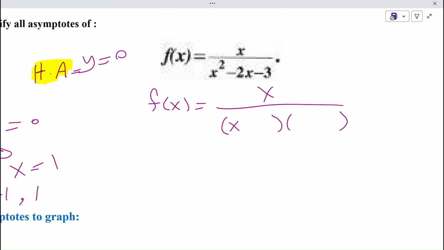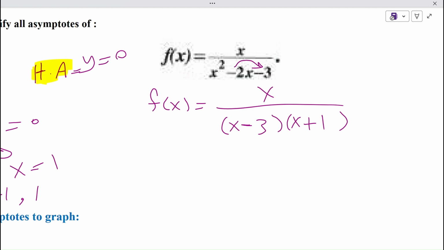The first sign put down here, then this sign times this sign, negative times negative is equal to positive. And for 3 you have to say 3 times 1, then you can check it, you'll get this polynomial.